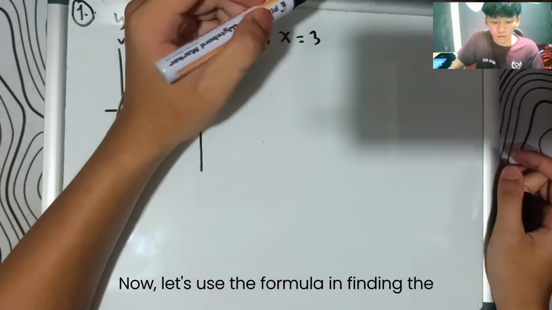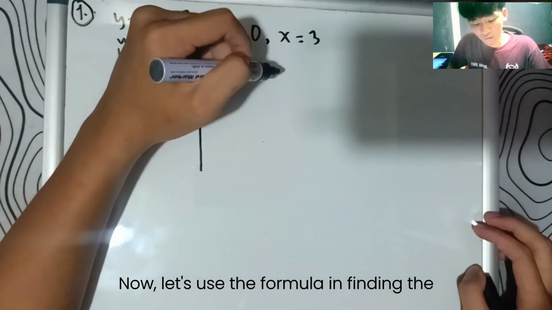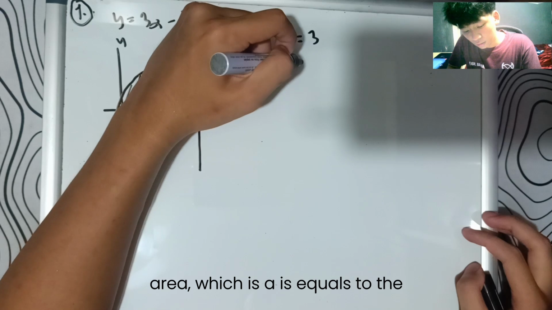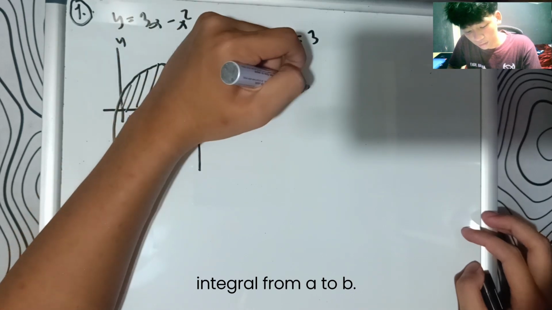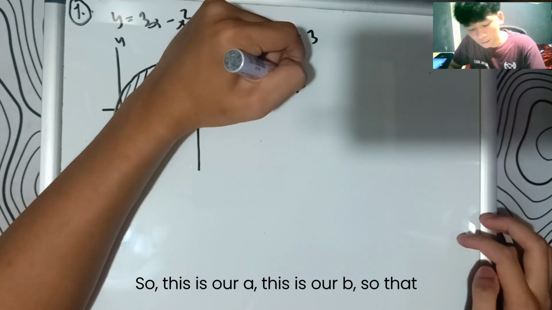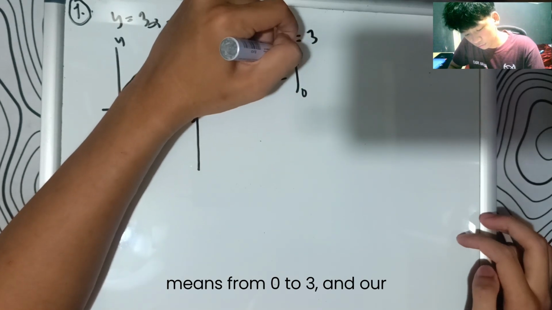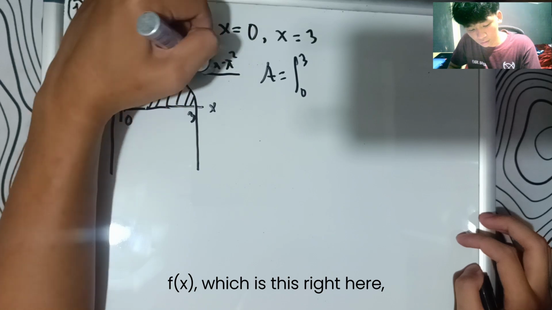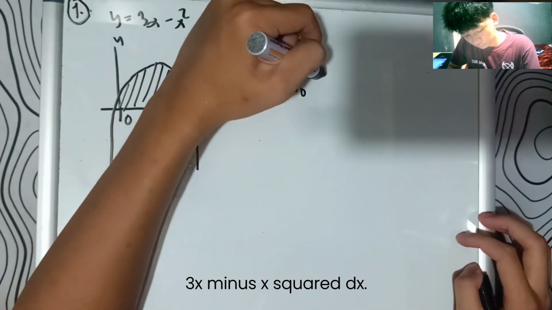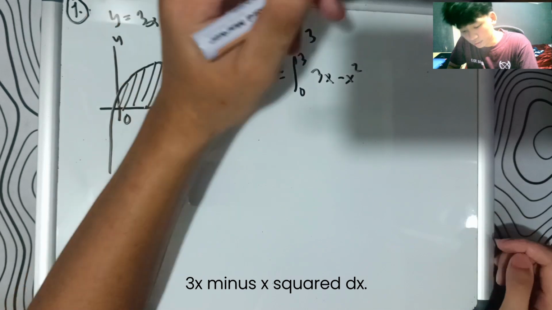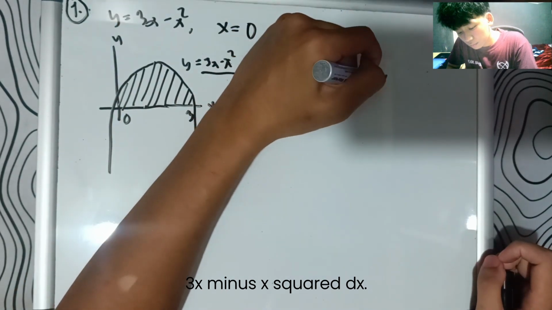Now let's use the formula in finding the area, which is A equals the integral from a to b. So this is our a, this is our b, so that means from 0 to 3, and our f of x, which is this right here, 3x minus x squared dx.